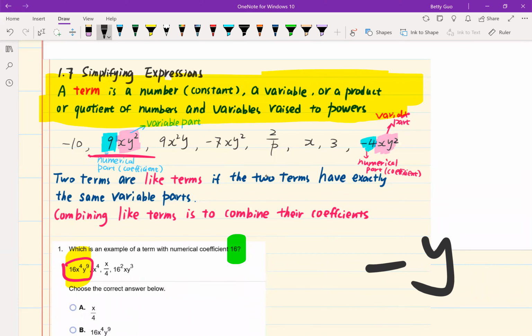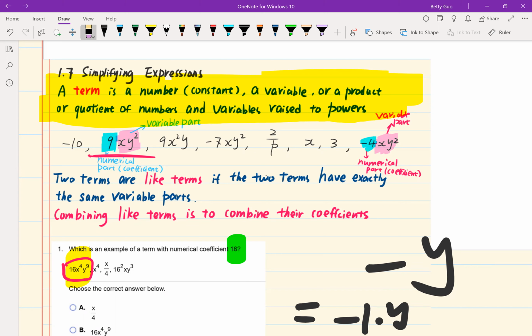What's the number in front of y? -1. Yeah. -y is -1 times y, right? So the coefficient is -1. The variable part is y. Does that make sense?